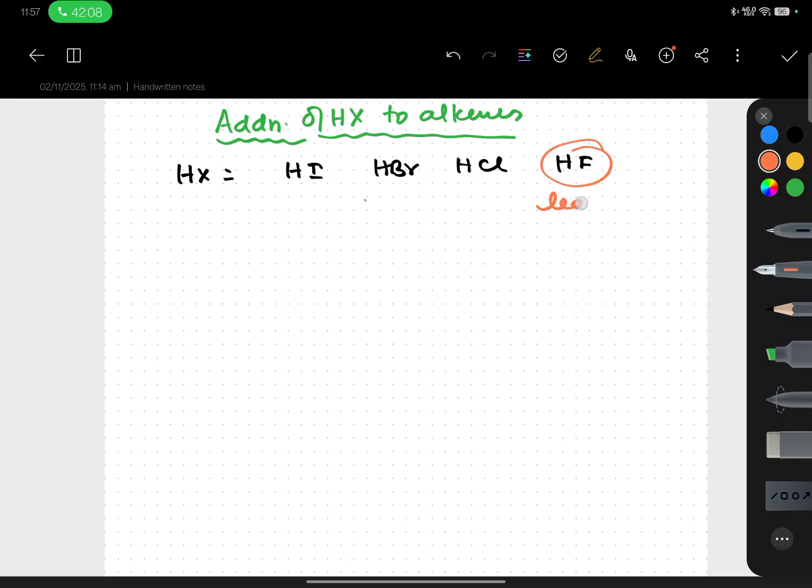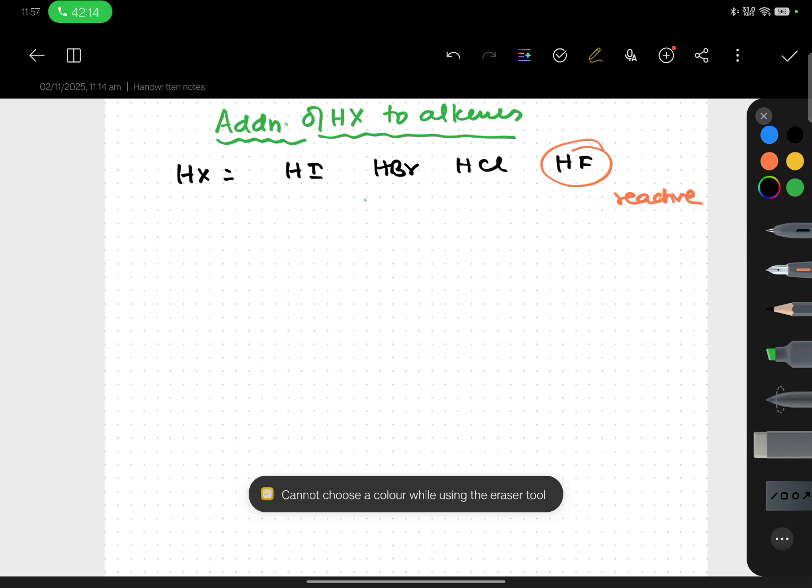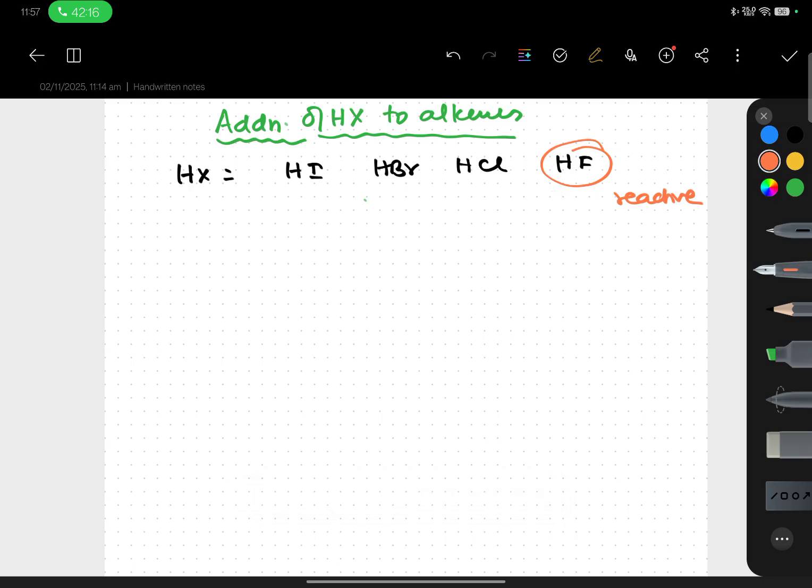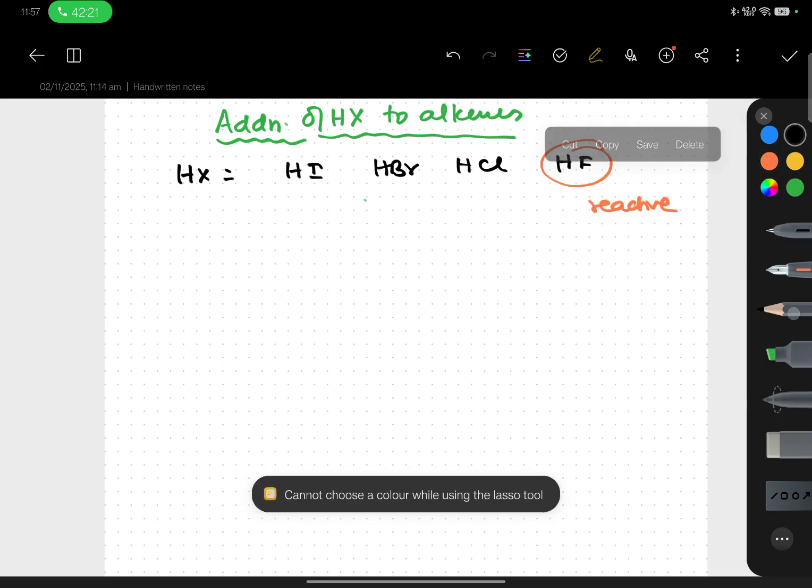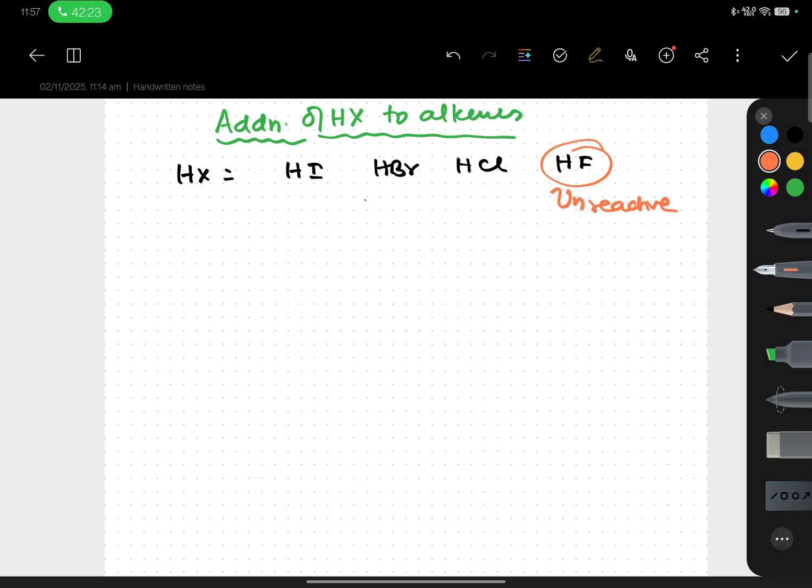Remember, HF is least reactive, or you can even say it is unreactive due to hydrogen bonding.